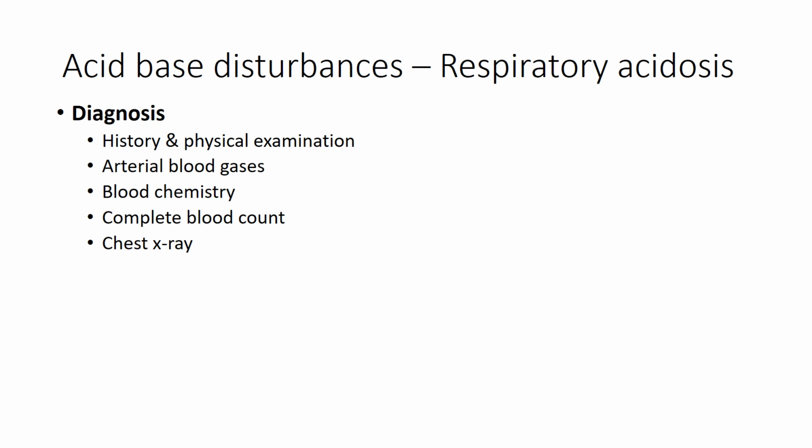Blood chemistry is going to tell us that we have a decrease in pH. The complete blood count is not really going to tell us too much about the condition, other than maybe something about erythrocytes. A chest X-ray is going to tell us about the cause of the respiratory condition, why we are seeing that acidosis.